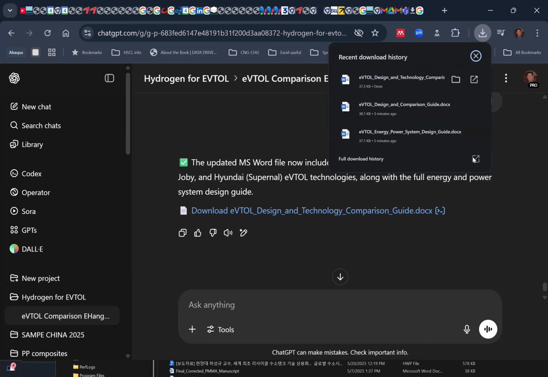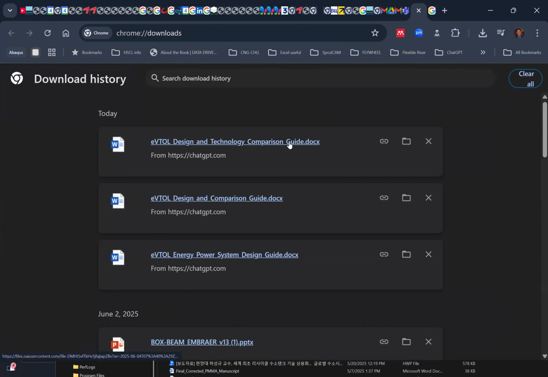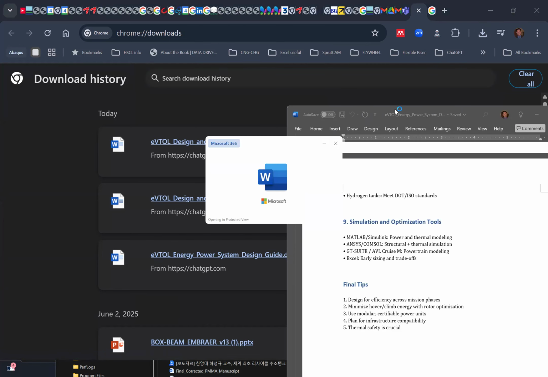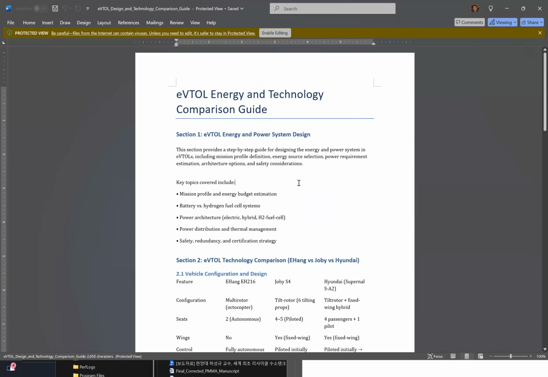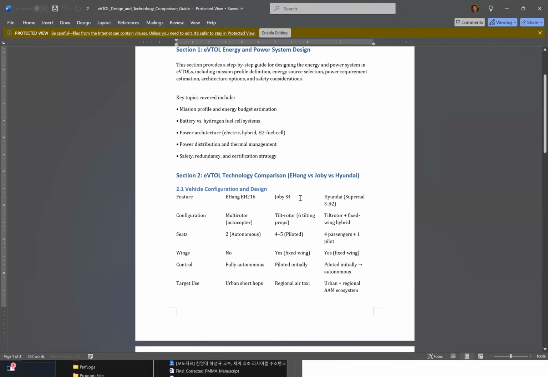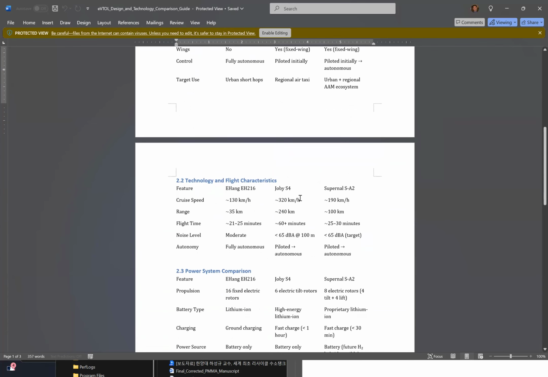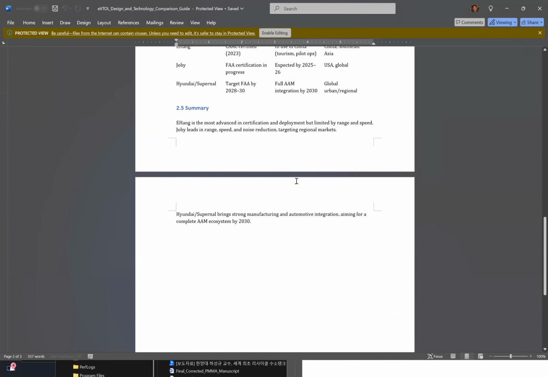Okay, now it contains all the comparison and characteristics and power system, and then a summary.